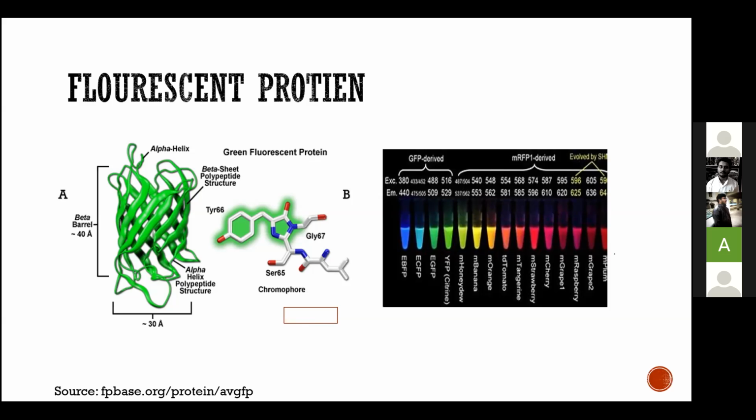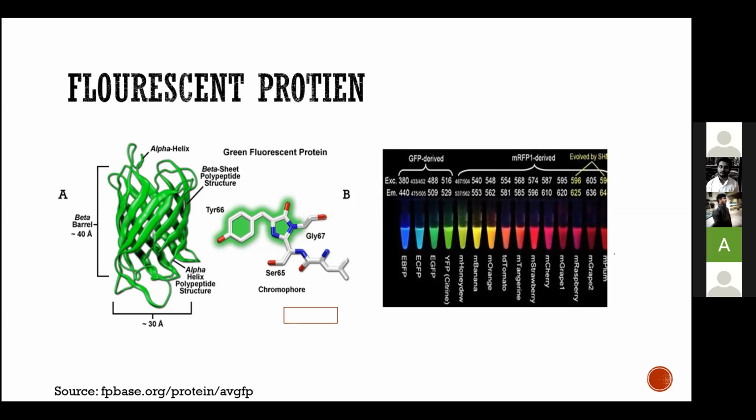You can see on the right side that tdTomato, mTangerine, strawberry, cherry, all the red and pinkish fluorescent proteins were derived basically from DsRed. And so the source was a jellyfish, Aequorea victoria, and then they discovered fluorescent protein.